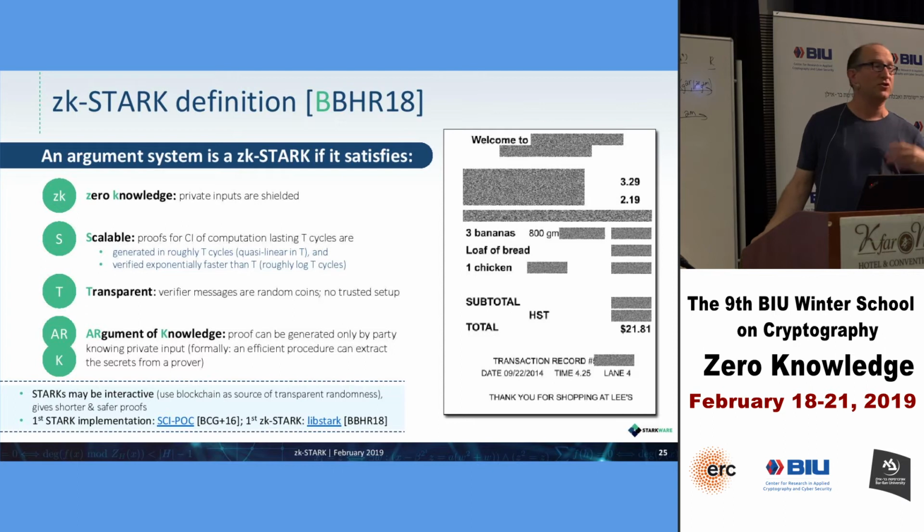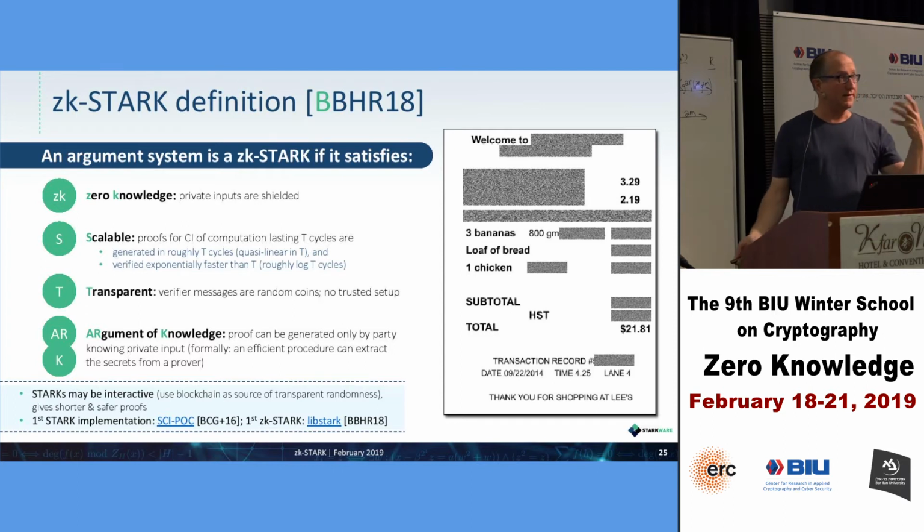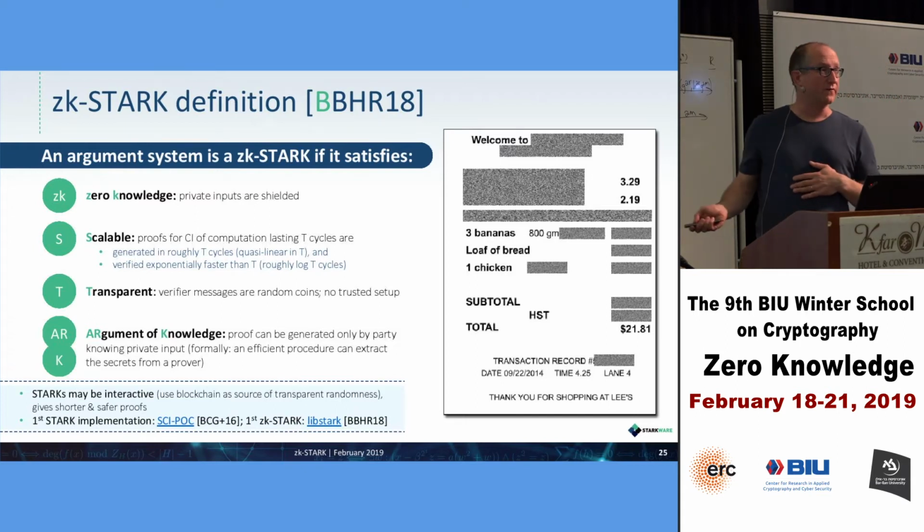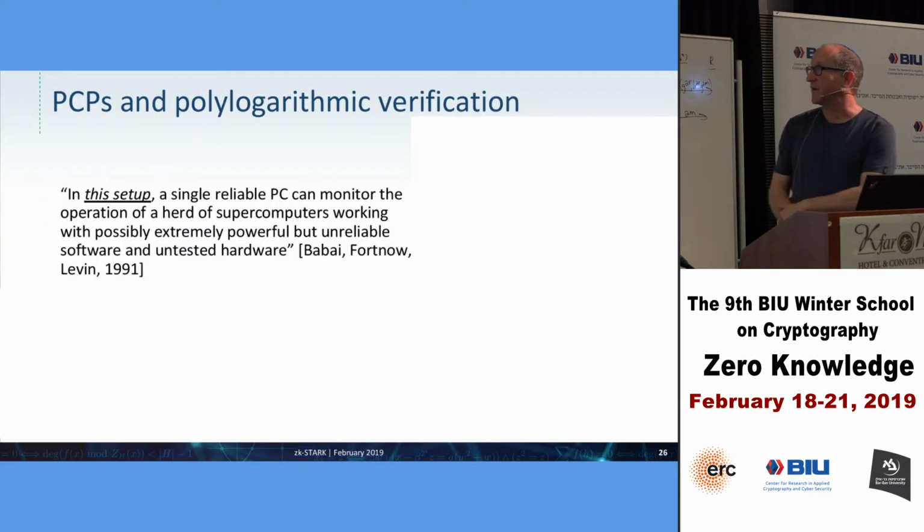You heard about the Fiat-Shamir heuristic, which can be used in these settings to make it non-interactive. You also have STARK implementations to play with. The first is called SciPOC, which you can search for on GitHub, and the second, which also has zero knowledge, is libstark. So there's stuff to play with for those who like it.